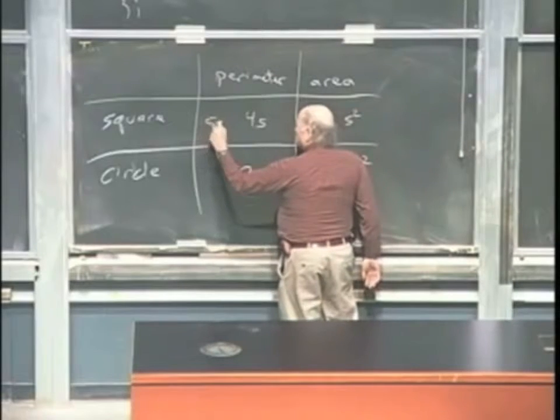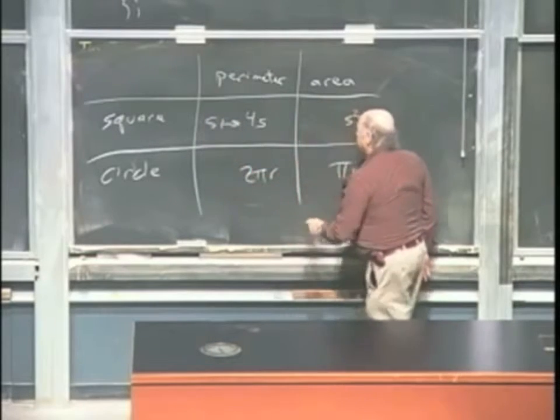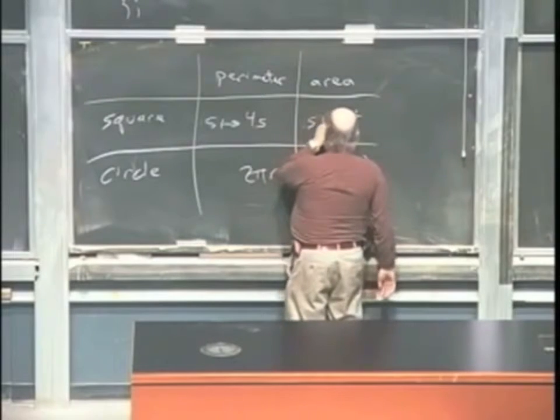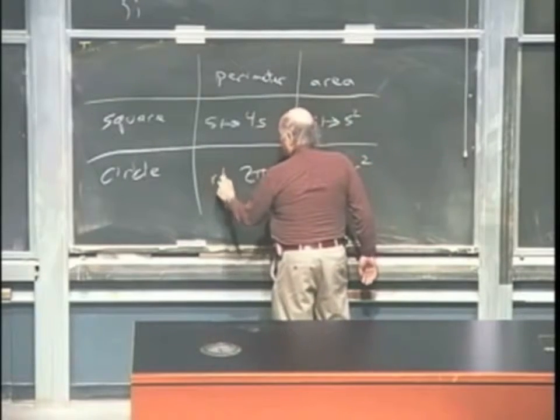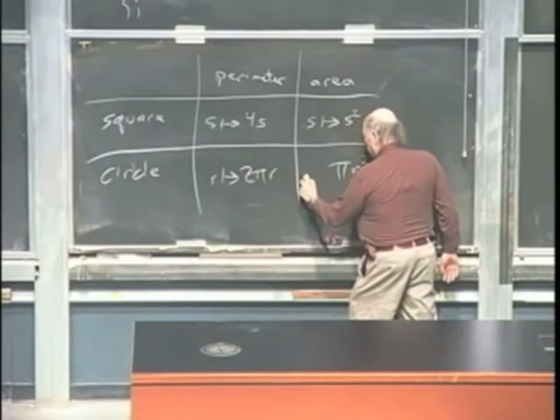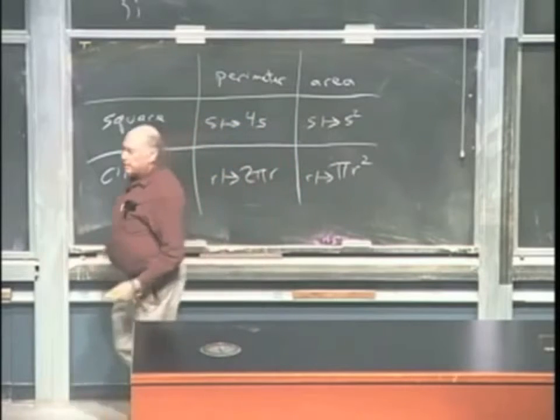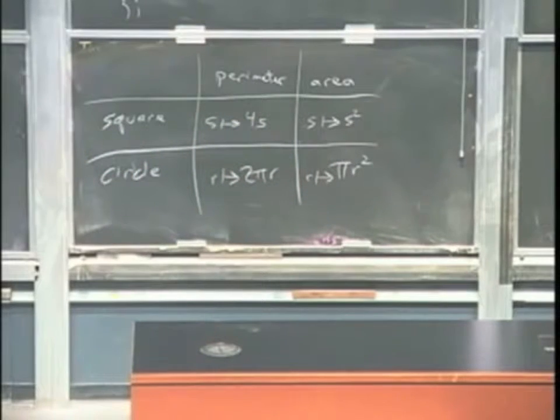So I'm going to think s maps to 4s, s maps to s squared, r maps to 2 pi r, and r maps to pi r squared. OK, so that's what's in my head. So for this simple example of two data types and two operations, I have 4 procedures.